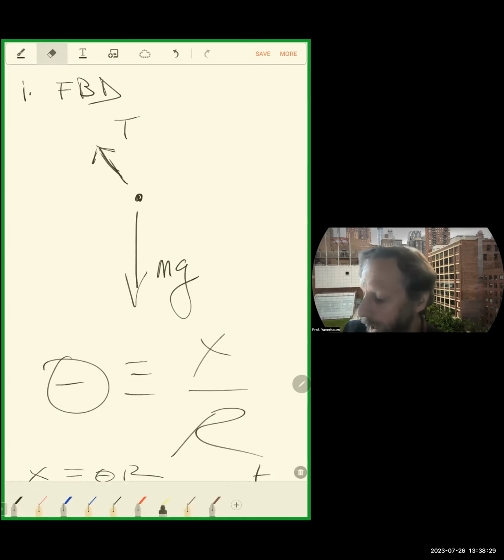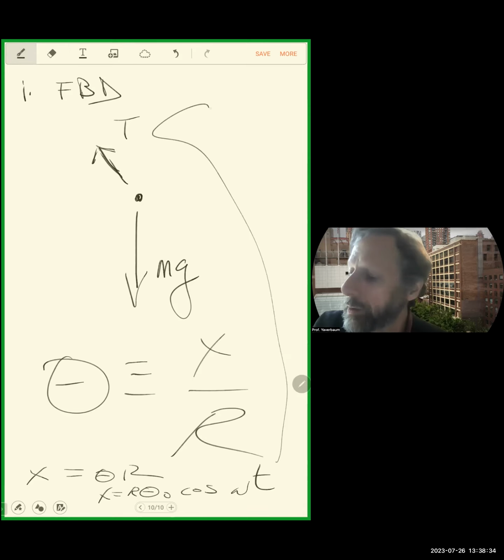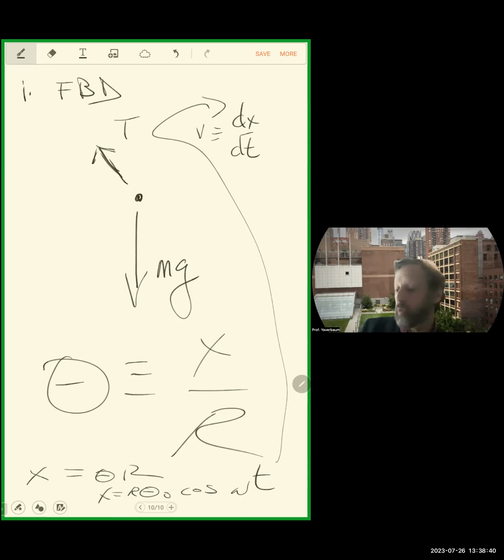Why do I want an expression for x? Because v equals the derivative of x with respect to t. If you take the derivative of that, you'll have an expression for v, and you can just plug in all the values that are given, and you'll get an expression for v.